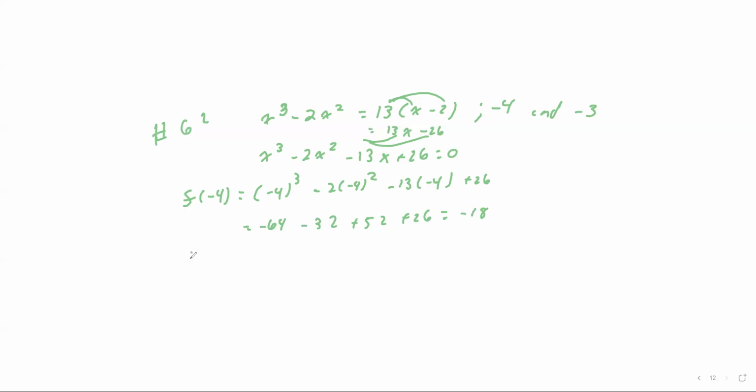All right. So f of -3 will be now -3 cubed minus 2 times -3 squared minus 13 times -3 plus 26. That gives you 3, 9, 27, 18, 39, 26. There we go.